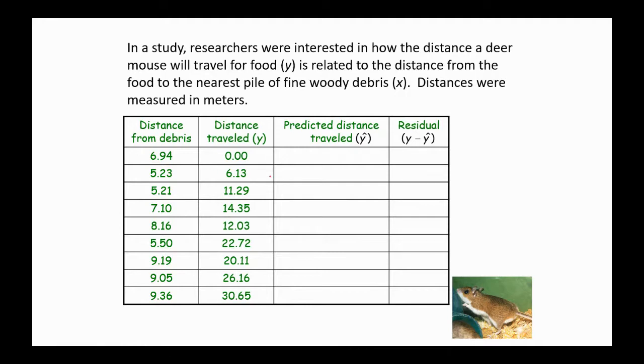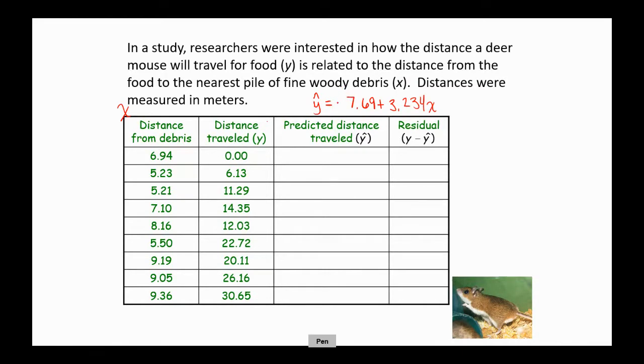So the way you would do this is use your regression line that we found on the previous page to get the predicted. So y hat equals, what did we say it was? Negative 7.69 plus 3.234x. Yep, your x would be your first column right here.